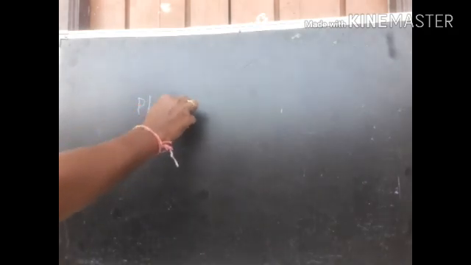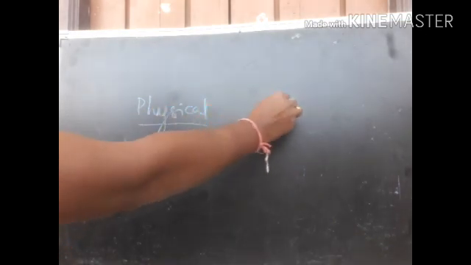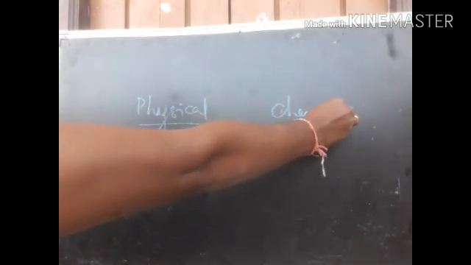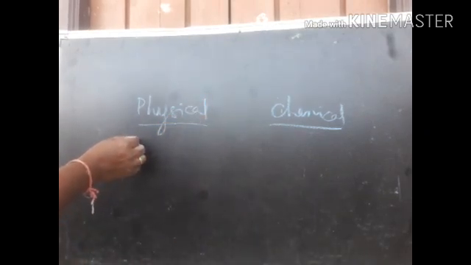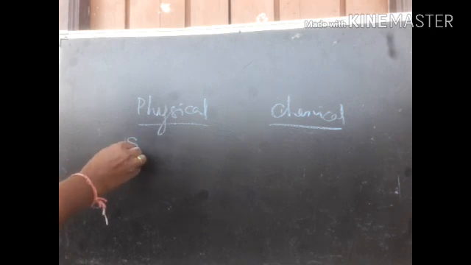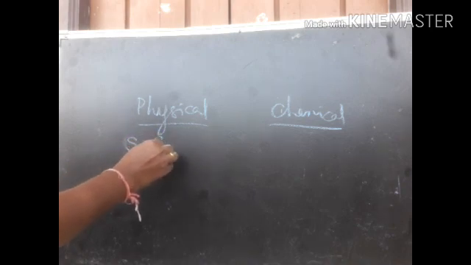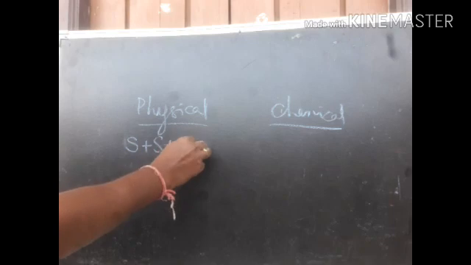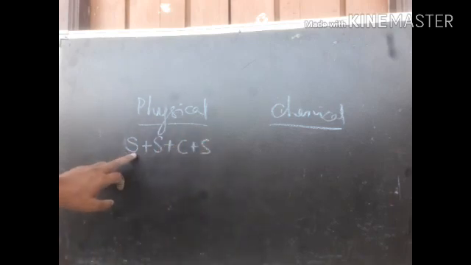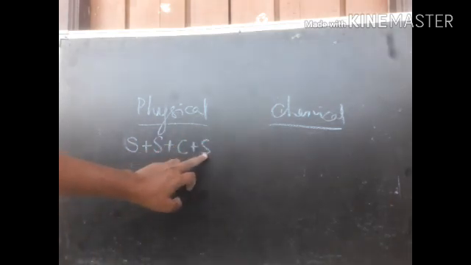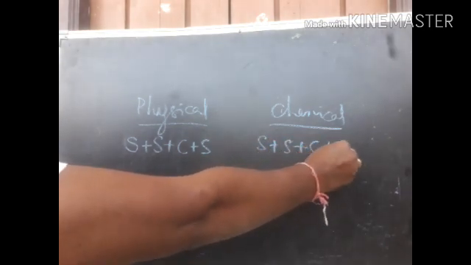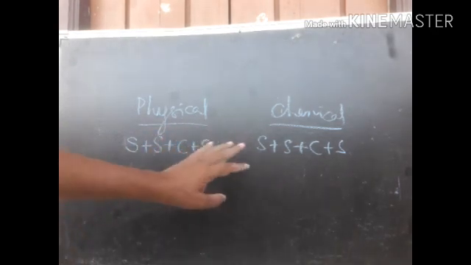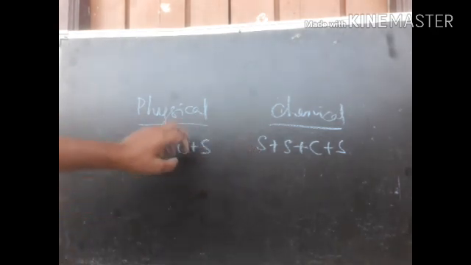No matter whether it is physical or chemical, these things may be similar: change in size, shape, color, state. These are the common changes that take place in physical and chemical changes.